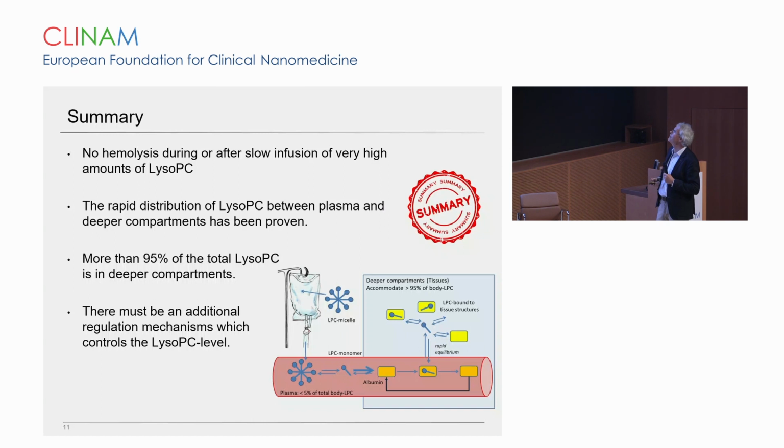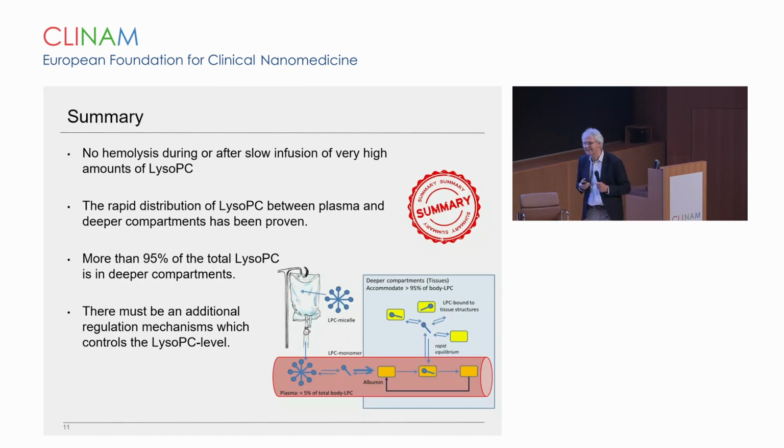Yeah, let me come to my summary. There's absolutely no hemolysis during or after slow infusion of very high amounts of Lyso-PC. Therefore, the theory is true. We again proved that there is a rapid distribution of Lyso-PC between plasma and deeper compartments.